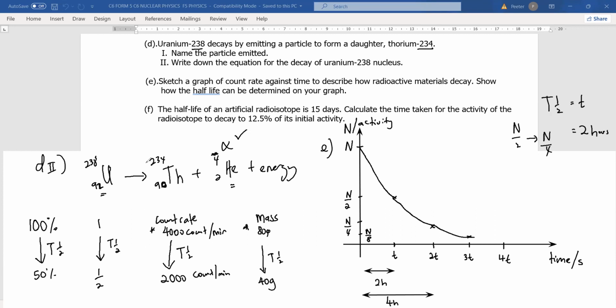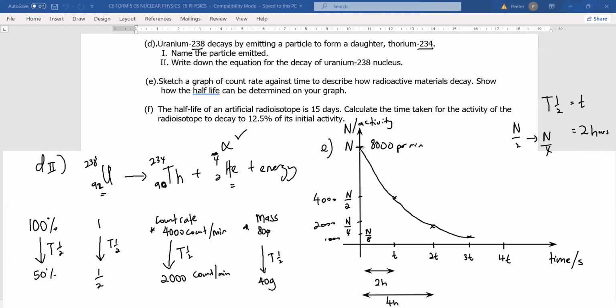Okay, next. Sketch a graph of count rate against time. So this activity, count rate against time, describes how radioactive materials decay and shows how the half-life can be determined. Whatever count you have, let's say 8,000 counts per minute, for example, it will drop to 4,000 counts, then drop to 2,000 counts and drop to 1,000 counts.